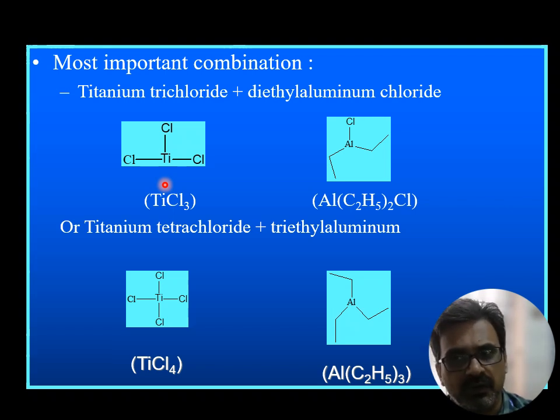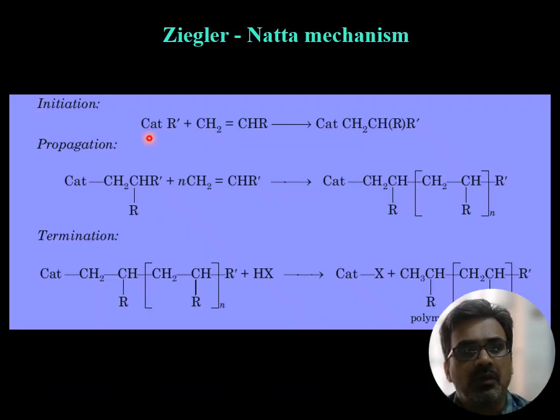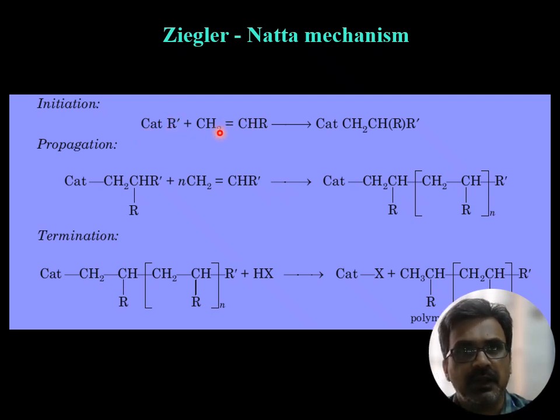The Ziegler-Natta catalyst is a combination, for example, of titanium chloride, aluminum chloride, and ethyl aluminum as the catalyst. It follows initiation, propagation, and termination reactions, where the catalyst is added to the propylene molecules, adds itself, and then attacks more monomers to form the propagation step.